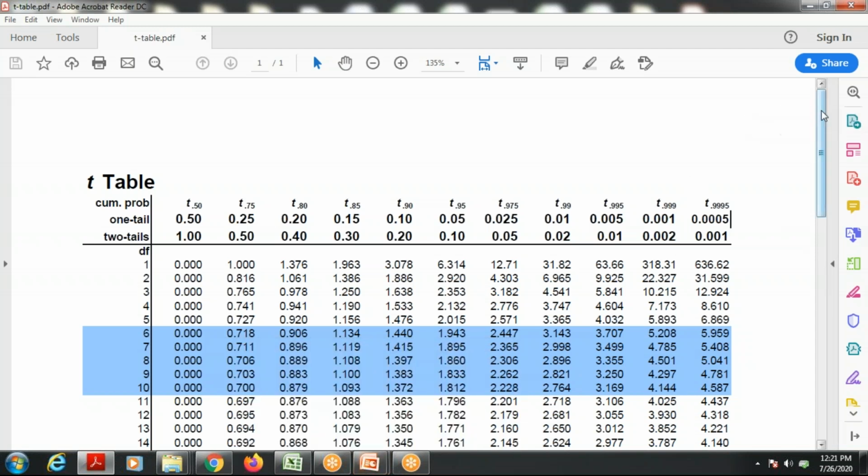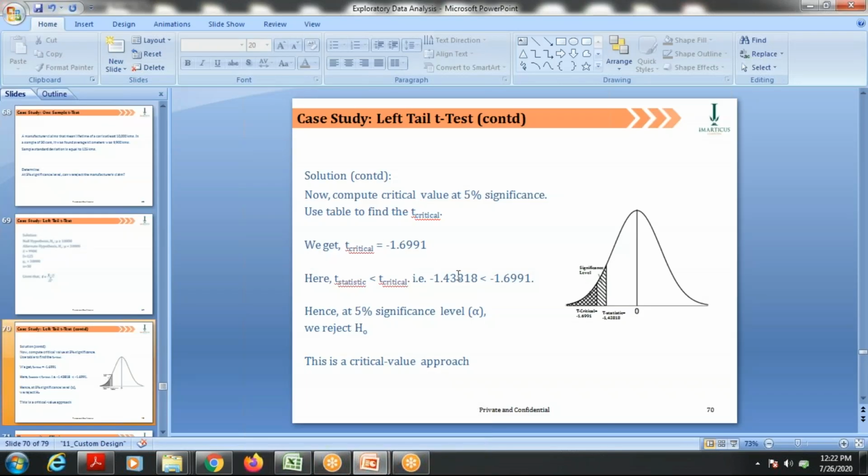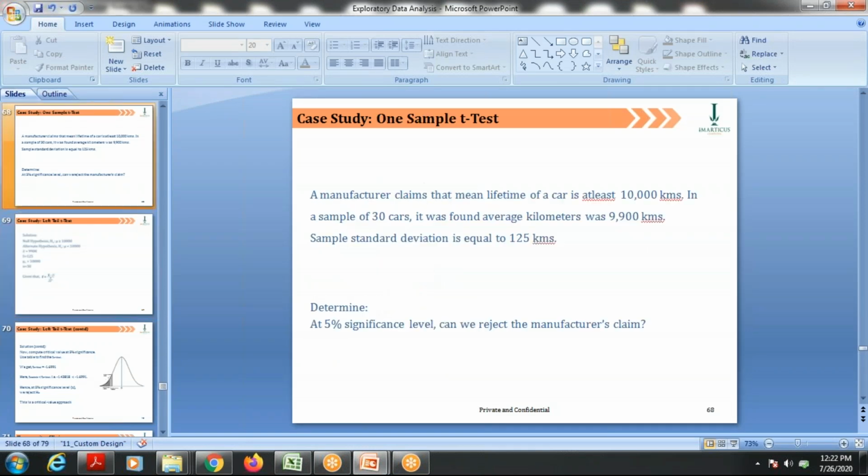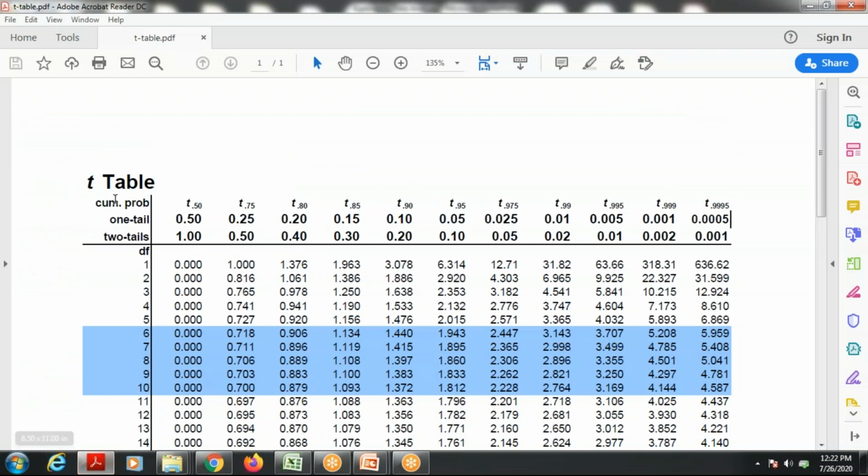So now your question is saying how many records are there? It is saying that you have 30 records. Got it? Look here. It is saying the cumulative probability, one tail test and two tail test.